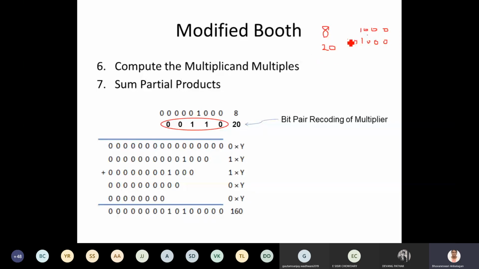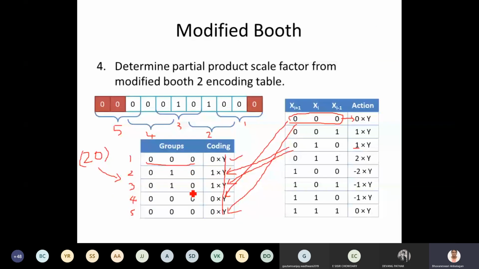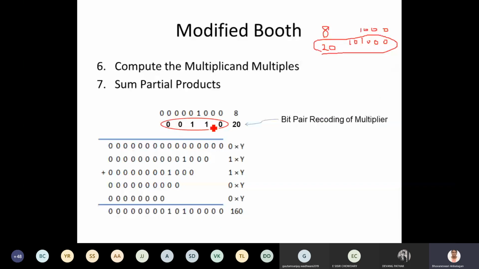But for this 20, I am not going to make use of this multiplier 20's equivalent binary number. Instead, I am going to make use of this particular coding that I got in the previous step. What is the encoding value I got? 0, 1, 1, 0, 0. So you just simply write it as 0, 1, 1, 0, 0.